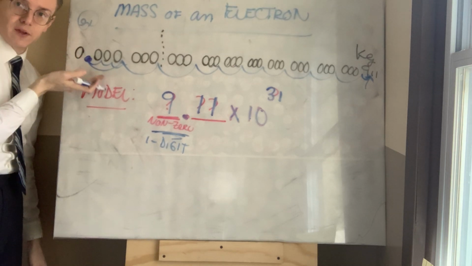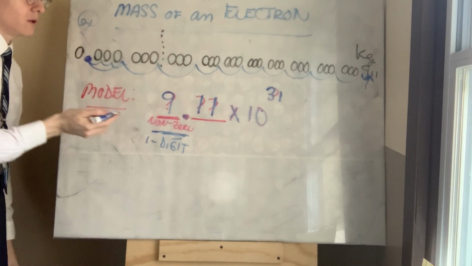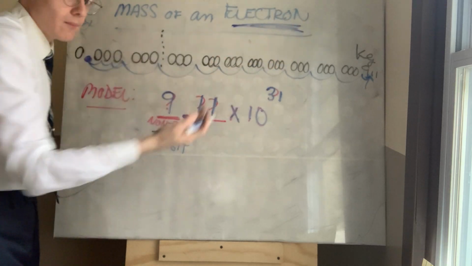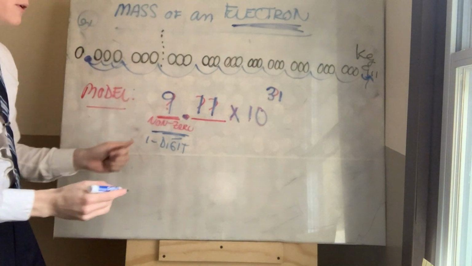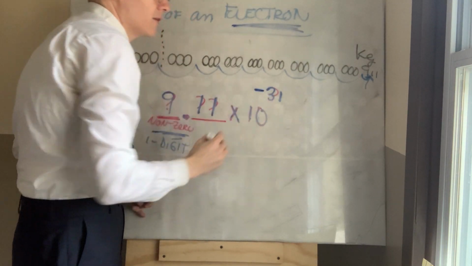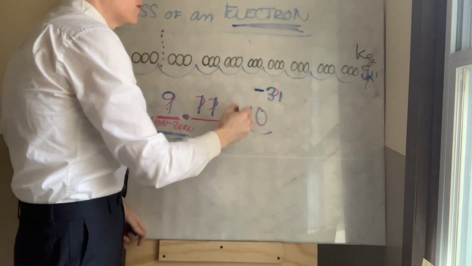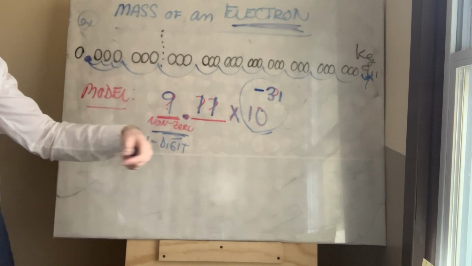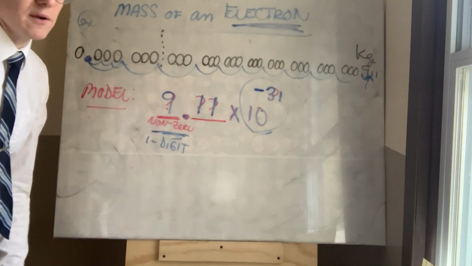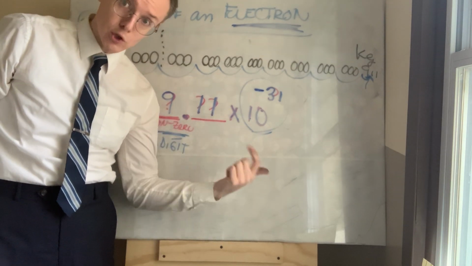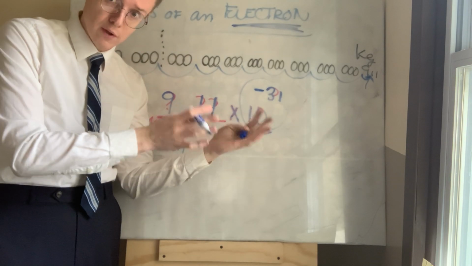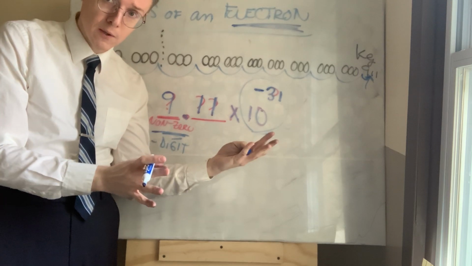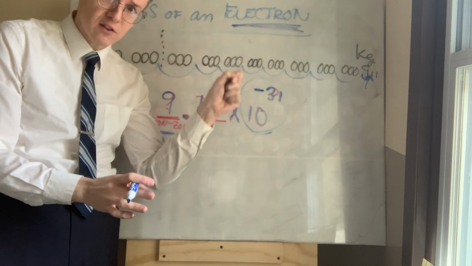Is this a very small thing or a very large thing? The mass of an electron. I would argue that it is a very tiny thing. So the exponent would need to be a negative. This power of 10 is some number like 10, 100, 1,000, and the effect of multiplying by 10, 100, 1,000, 10,000, or what have you, is that it simply moves a decimal point.